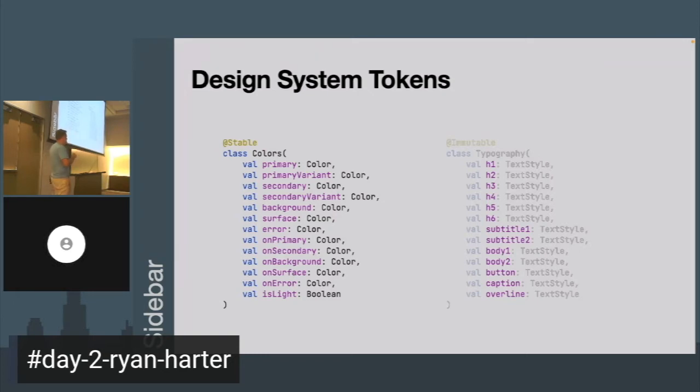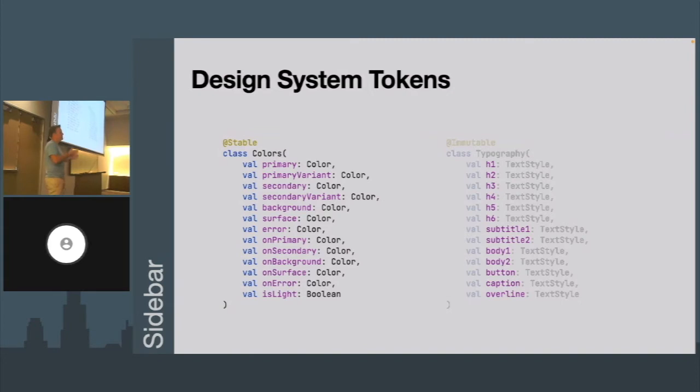And the idea is, outside of that, if we're referring to things just by their configuration, then we're not really using a design system. The idea here is that we limit the set of tokens that we can use, and then we're able to refer to them throughout the project. And that way, when you need to update something, whatever it might be, it makes it really easy to do that.